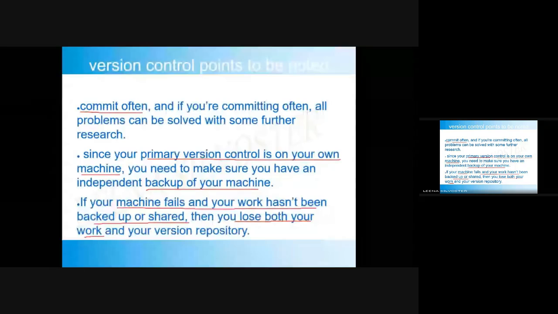Regularly you have to commit your work. Since the primary version control is on your machine, you have to take a backup continuously. If your machine fails and your work has not been backed up or shared, you will lose both the work and your version repository. That's why you need to back up your machine.